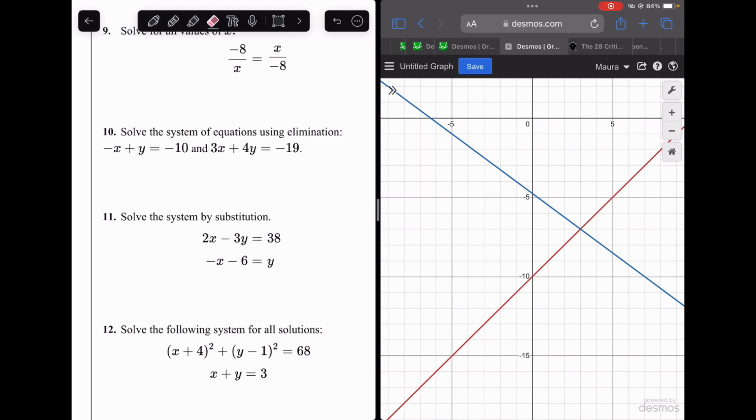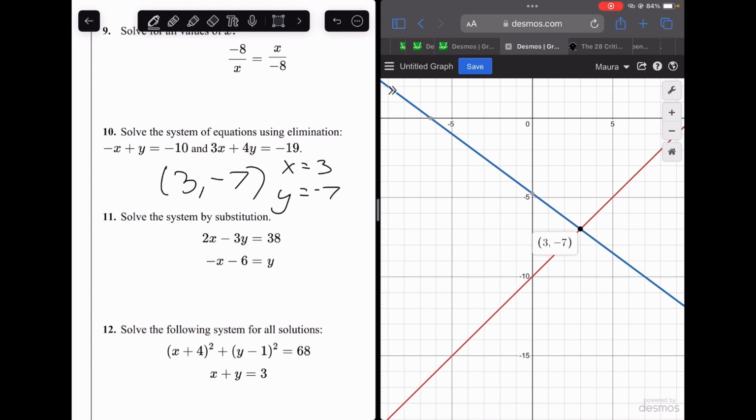This is a system, and they're asking us to solve for both x and y. So in this case, what we would do is see where they crisscross, and we need both x and y. So it would be 3, negative 7, right? Your x is 3, your y is negative 7. And if you recall, we usually write our answers when it's x and y as coordinate pairs, x, y.